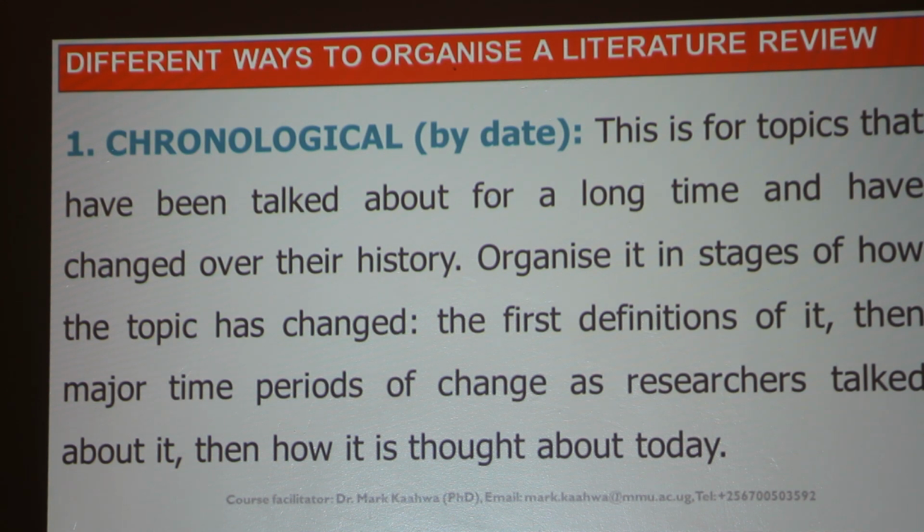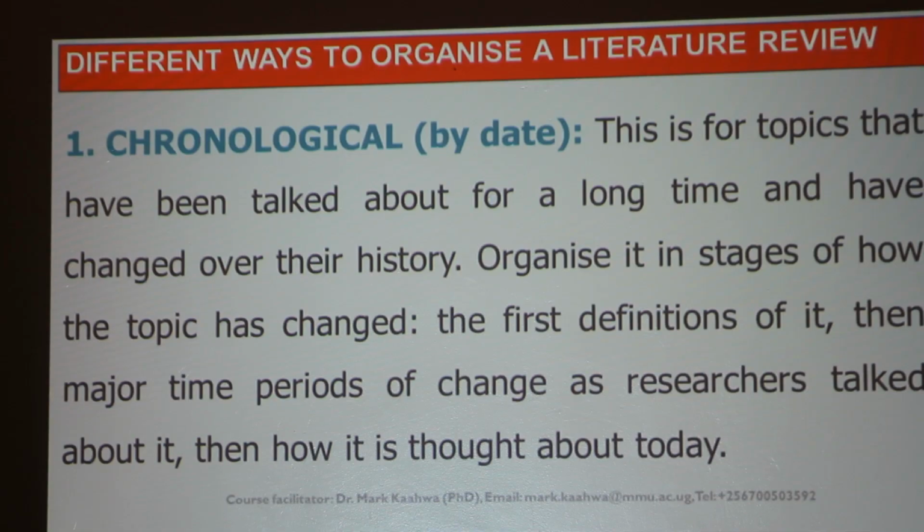Then you come to 2021, what were the major trends concerning COVID-19 in 2021, then what happened in 2022, and in 2023, and now what is currently happening in 2024. Because we still hear of isolated incidents of COVID-19. They say COVID-19 is still there. So you are going to organize your literature following those years.